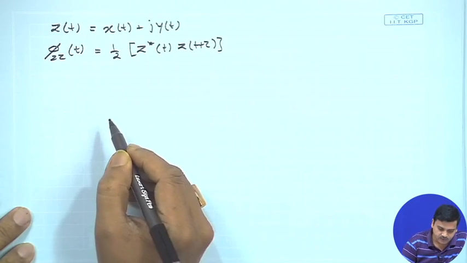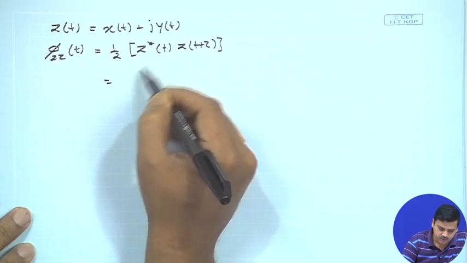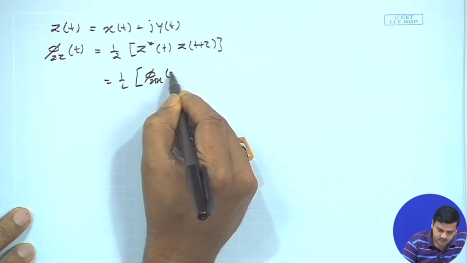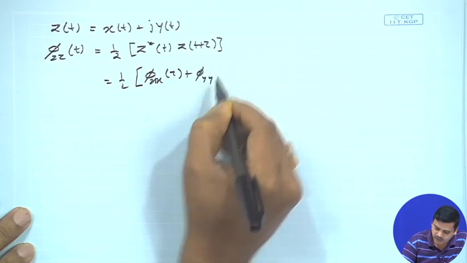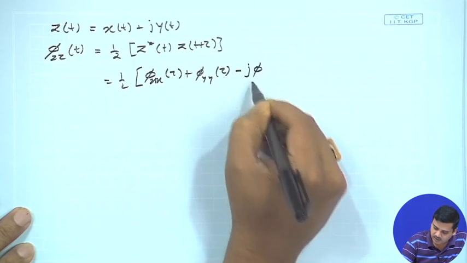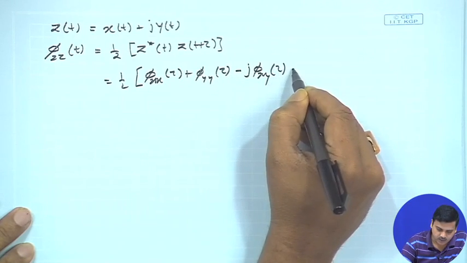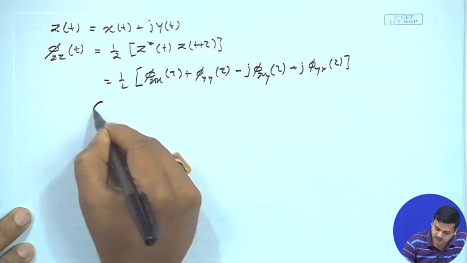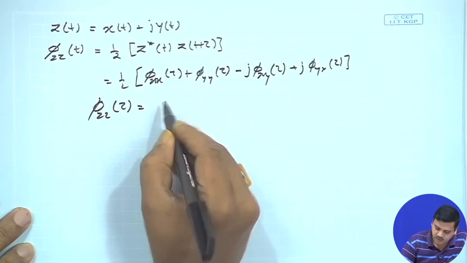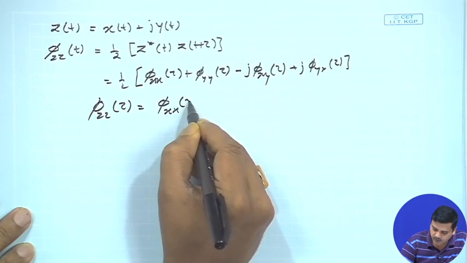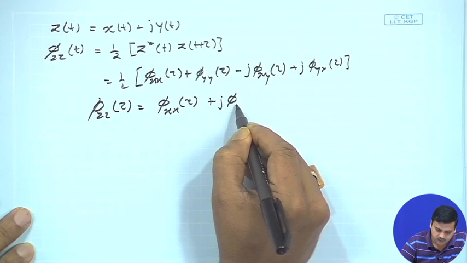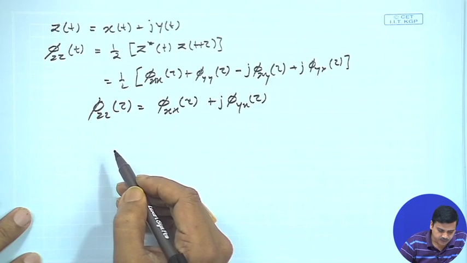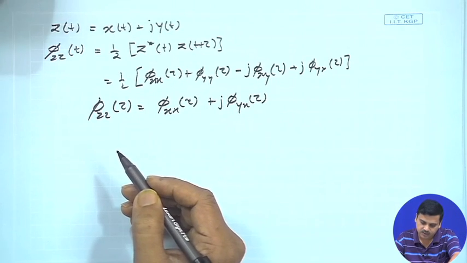This is the way of defining it, and you could easily go through a few steps. You can get this as phi xx of tau plus phi yy of tau minus phi xy of tau plus j phi. So phi zz of tau would be equal to phi xx of tau plus j phi yx of tau.